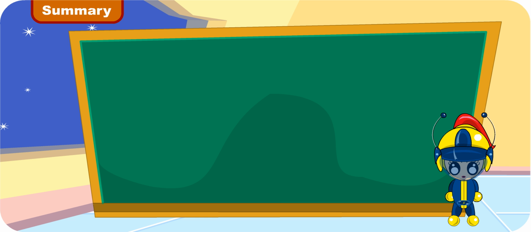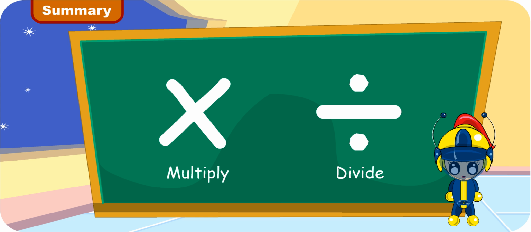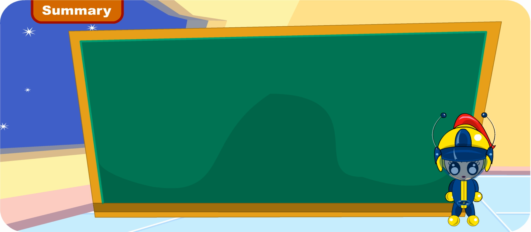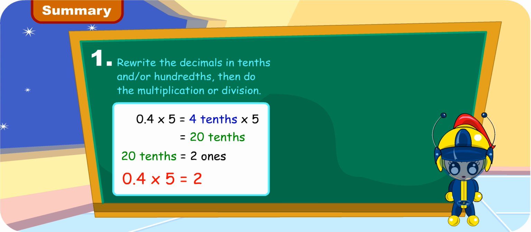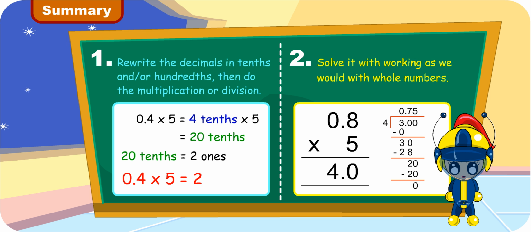In our lesson today, we had learned how to multiply and divide decimals. When multiplying or dividing decimals by a one-digit whole number, we can rewrite it in tenths and or hundredths and do the multiplication or division. Or solve it with working as you would with whole numbers.